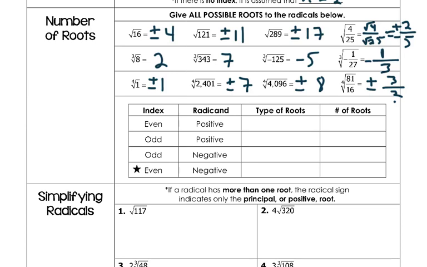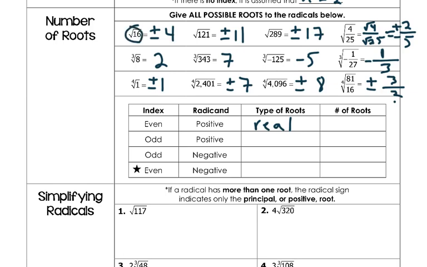All right, so if the index is even and the radicand is positive, first of all, it says type of roots, these are going to be real. It's going to be a real number. So even positive, look up here.